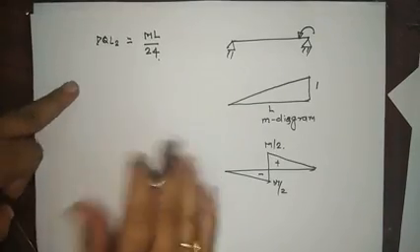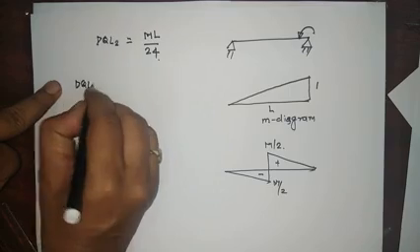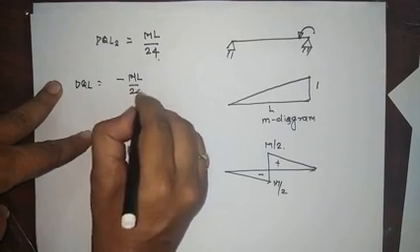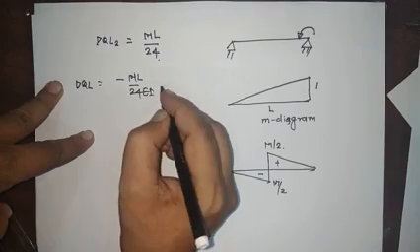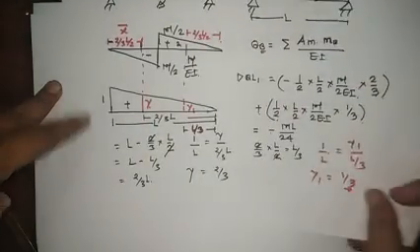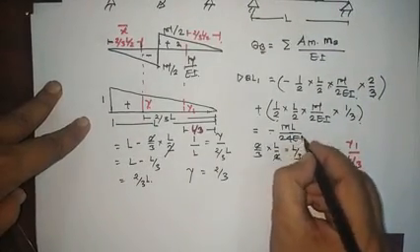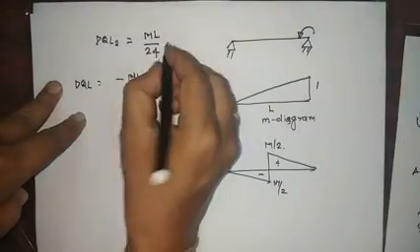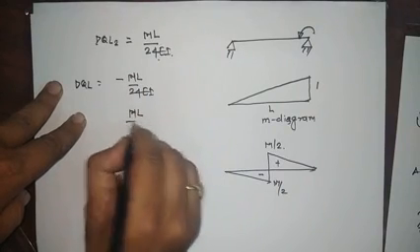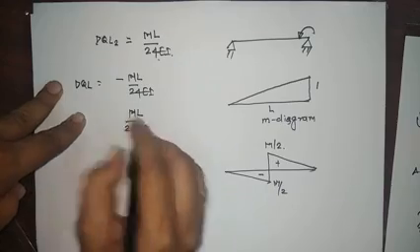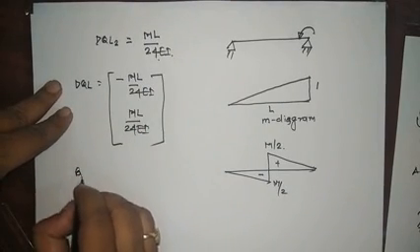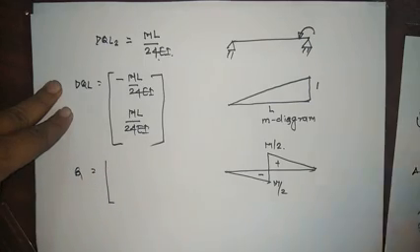So now we got the dql matrix, that is minus ml by 24 EI here, and plus ml by 24 EI here. Okay, now the Q matrix, that is the unknown force.